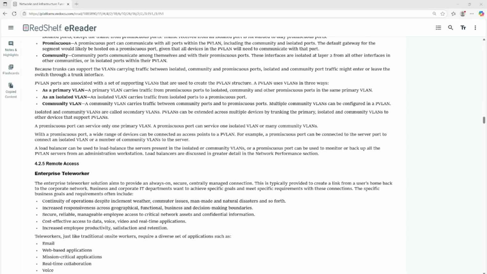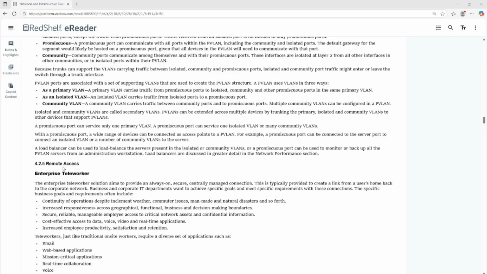Remote access. Prior to COVID, there was a lot of remote access, with companies working with external partners. But during COVID, it became very common.